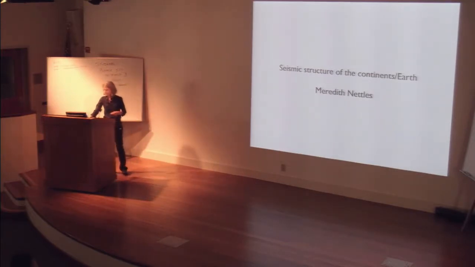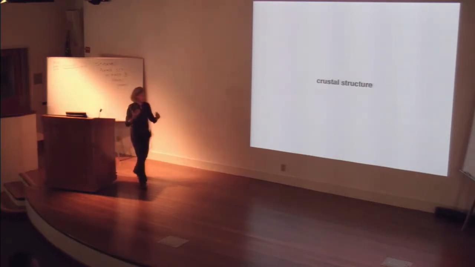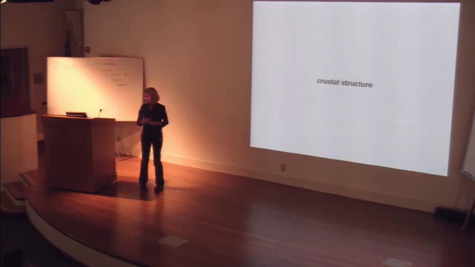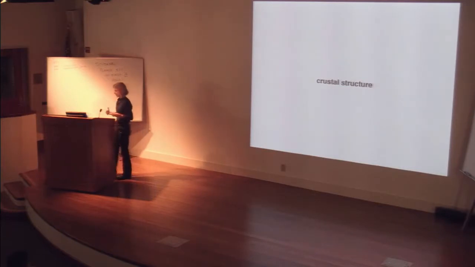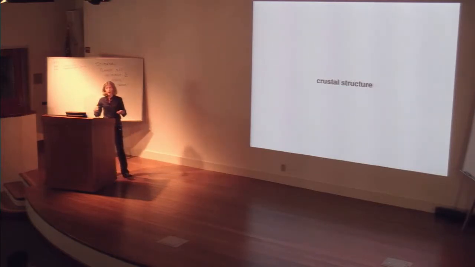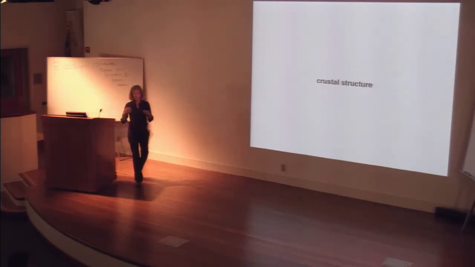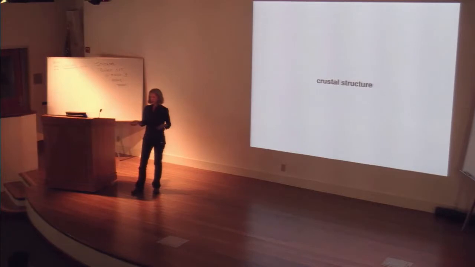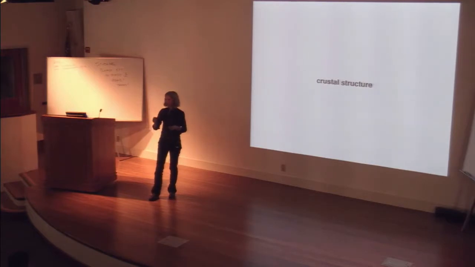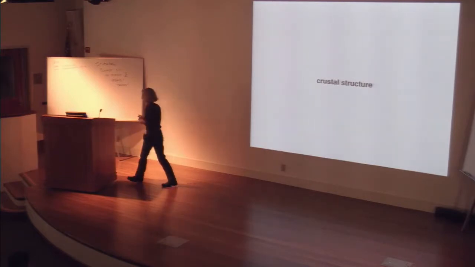So I'm going to start with the crustal structure and approach it from what we know about the crust from seismology on the global, large scale, as opposed to focusing on one particular part of the crust or one continent.